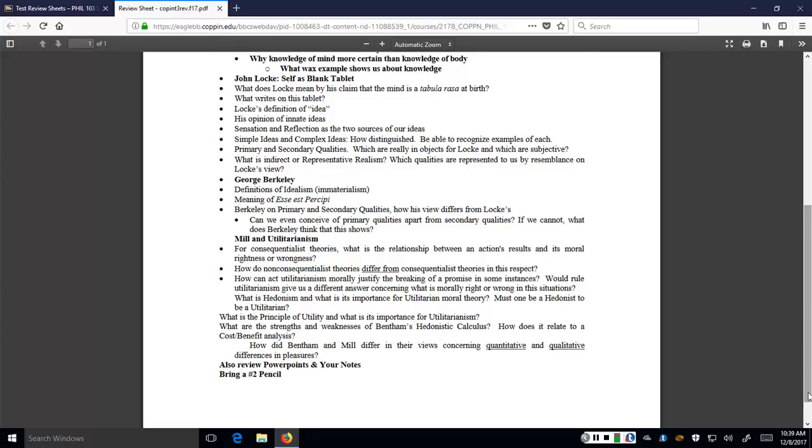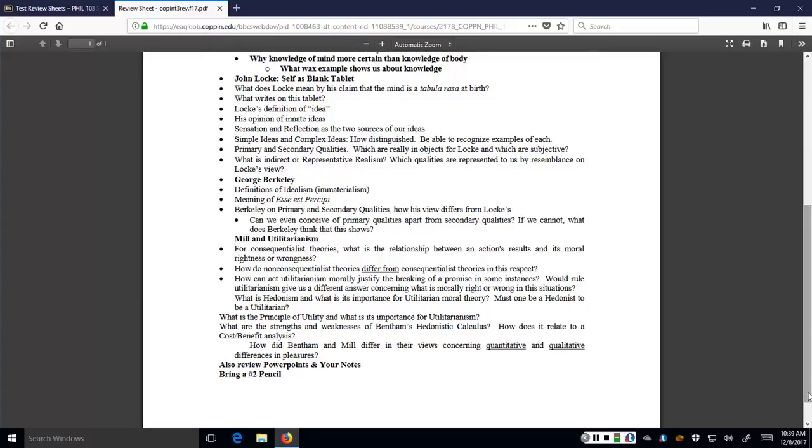So all of these individual qualities and the ideas that relate to them are simple ideas, but when we put them all together, we get a complex idea of what we call a material object.